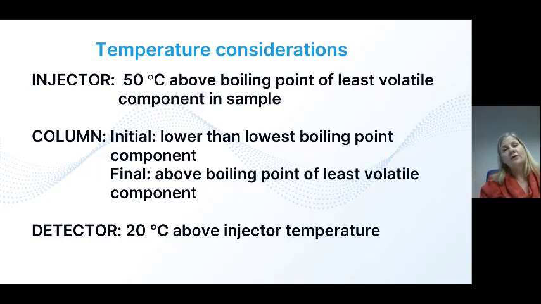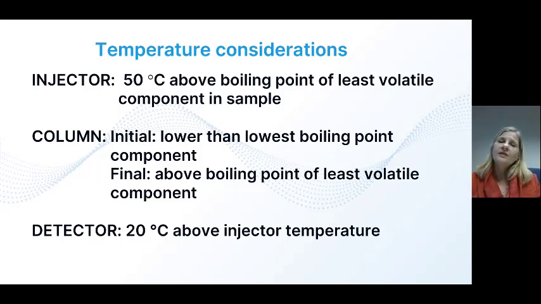Then we have to choose the column temperature. Well, we normally start with a temperature lower than the lowest boiling point, which means we are condensing all of our sample onto the column. So it goes from a gaseous phase to a liquid phase. That ensures that we focus that sample and we have a nice tight zone that enters the column and moves into the column.